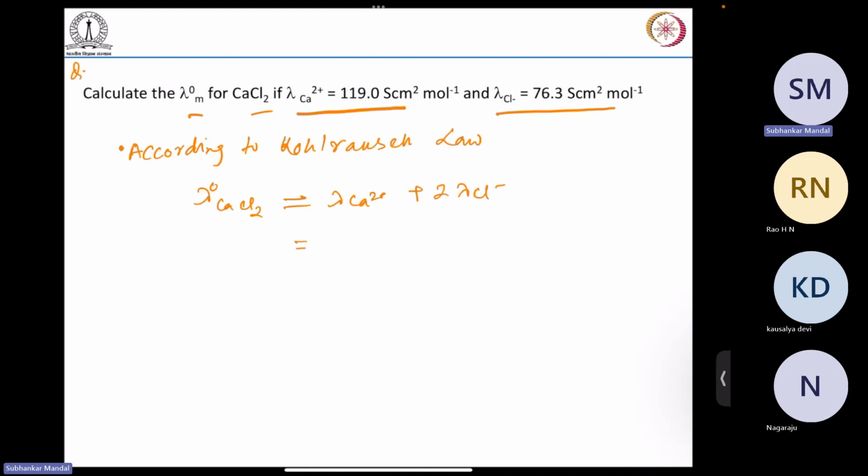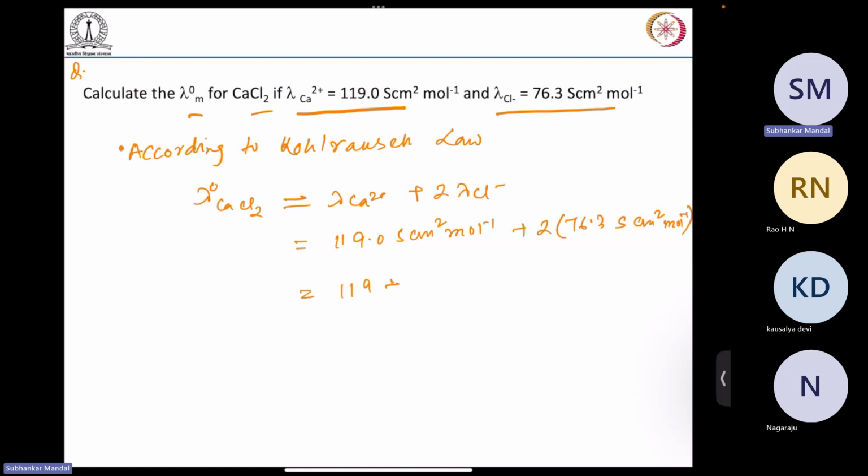Okay, then they have given all the values: 119.07 centimeter square mole inverse, plus 2 into 76.3 centimeter square mole inverse. So you can calculate this easily.